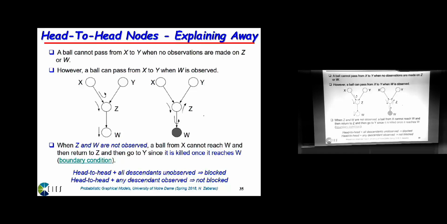Are X and Y d-separated? A ball from X can reach Y. So what can you tell me when W is observed? A ball from X will reach Y. So this is the reachability condition.